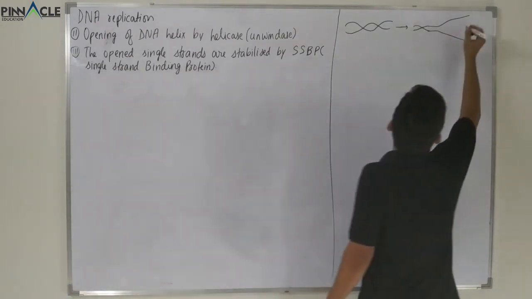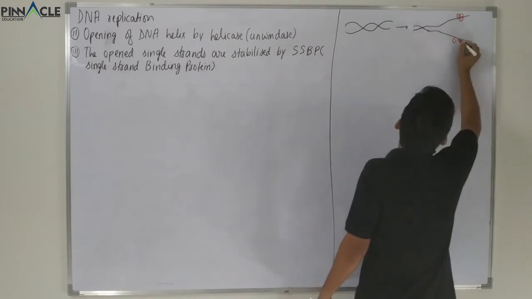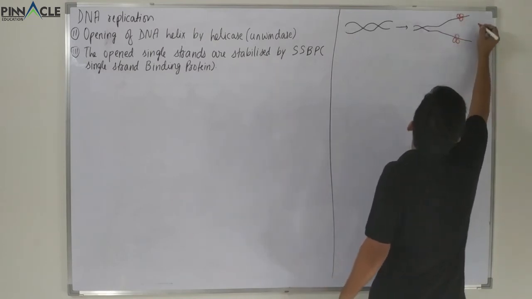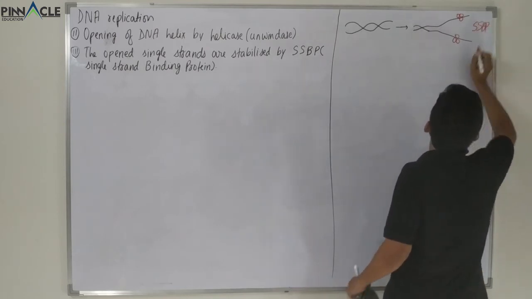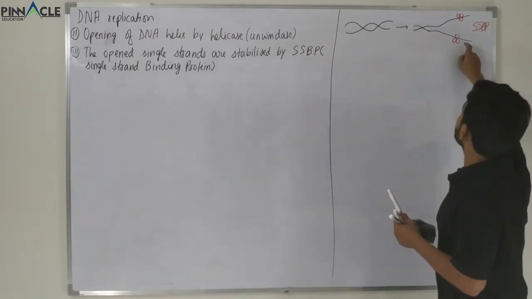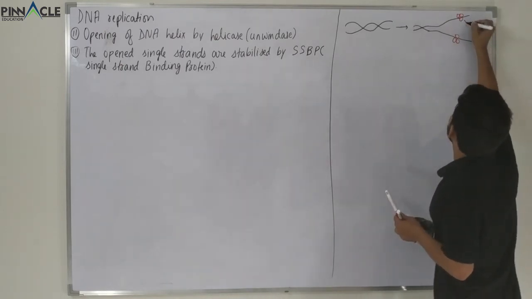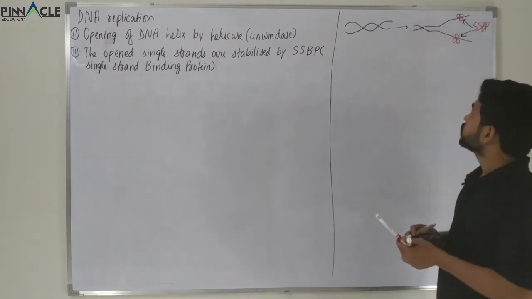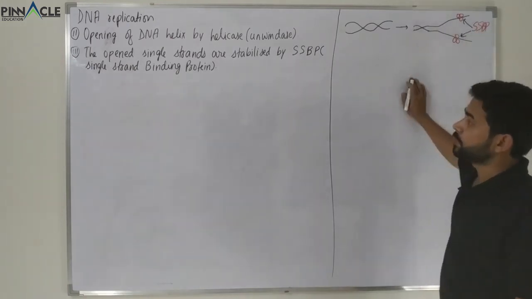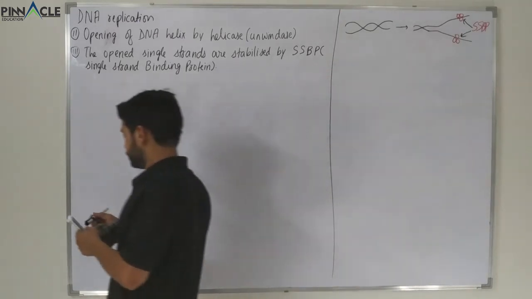In between these two strands there will be SSBP. This single strand binding protein will be attached to the single stranded DNA strands. So this is attachment of SSBP. After that there is something called topoisomerase.